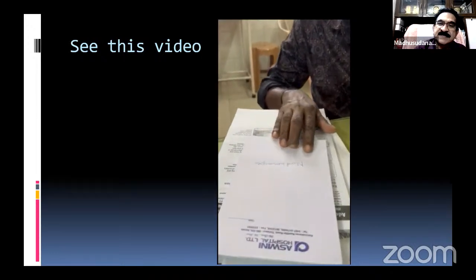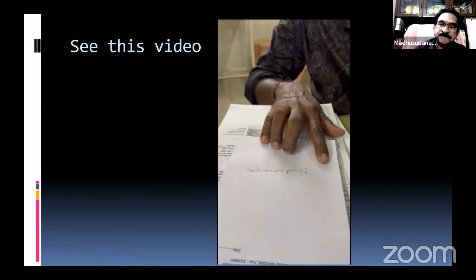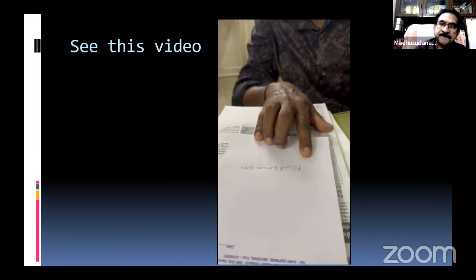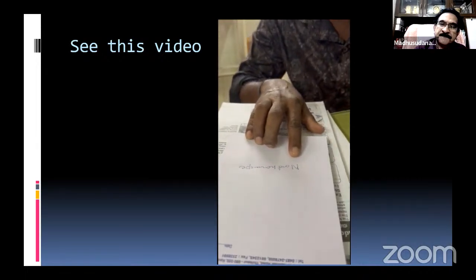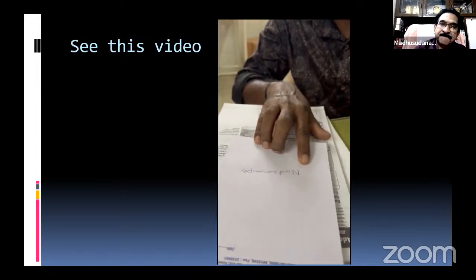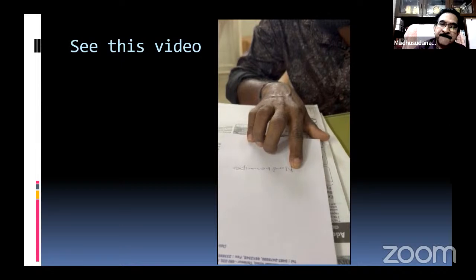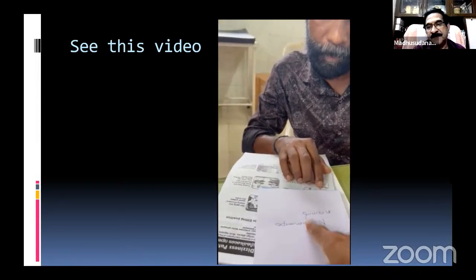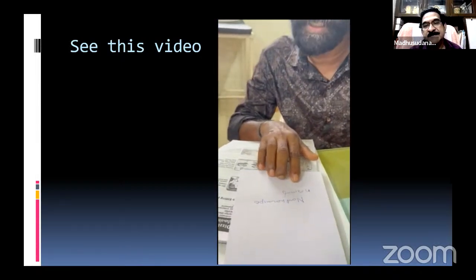He was asked to read what is written. He could not read what he wrote. His name is written in Malayalam.